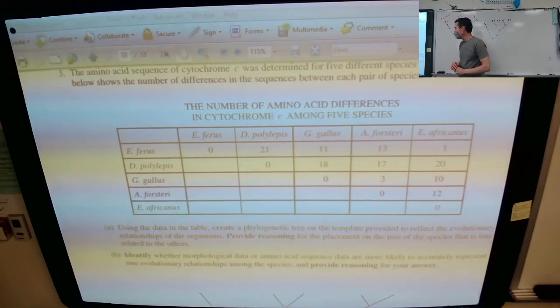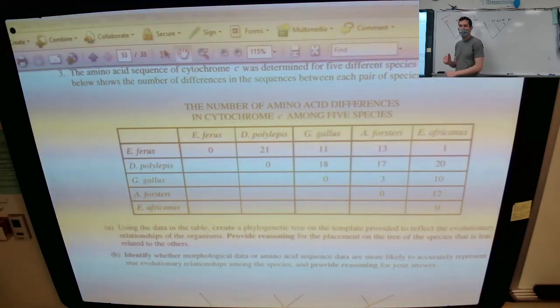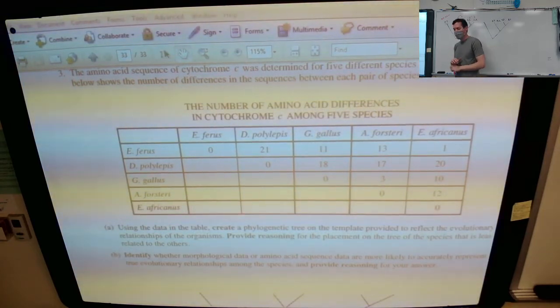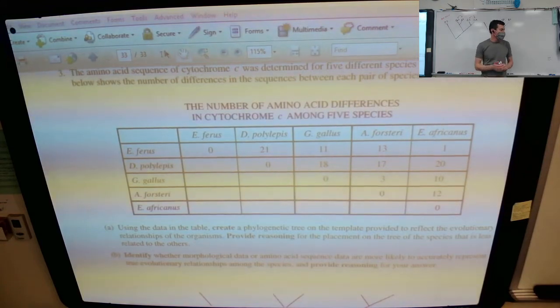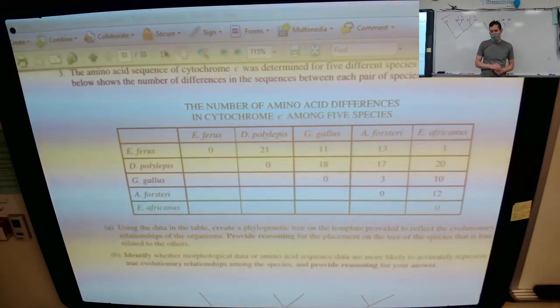Which one is better and why? I'll give you just a minute. Then we'll see if we can piece together. If you're like, well, morphological data, maybe that means this. What does that mean? Morphological data or amino acid sequence.